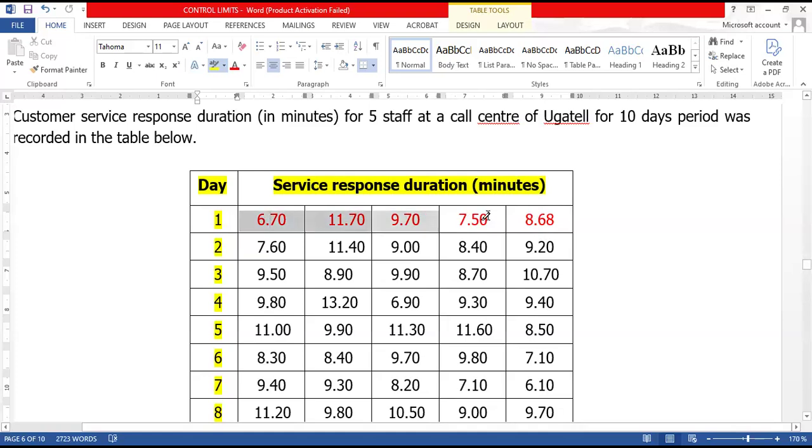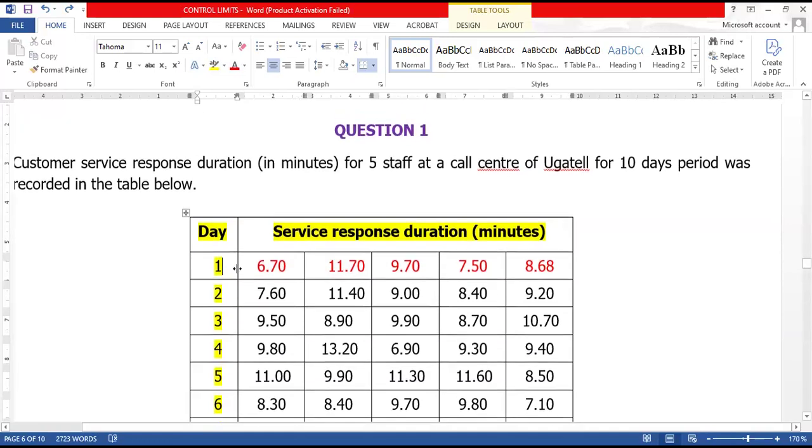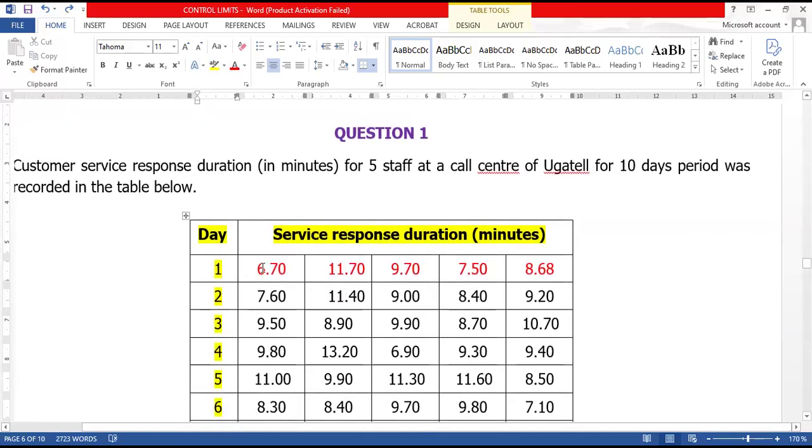From what you're observing, what is the range for this sample? Highest minus lowest. That's how you get the range for each sample. If you're looking for the mean, you get all the values, add them, then divide by the number of items you have added, in this case 5.